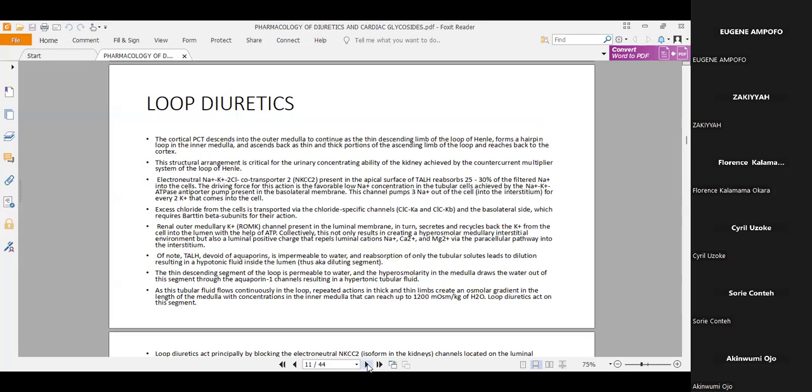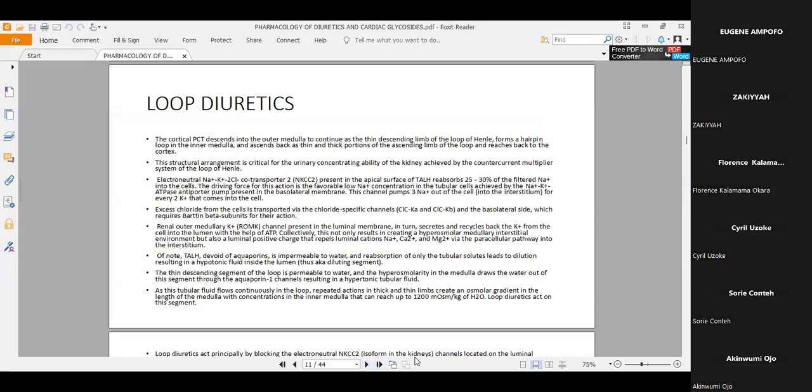So the next is the loop diuretics. Let's look at the physiology. It acts on the thick ascending limb of the loop of Henle.